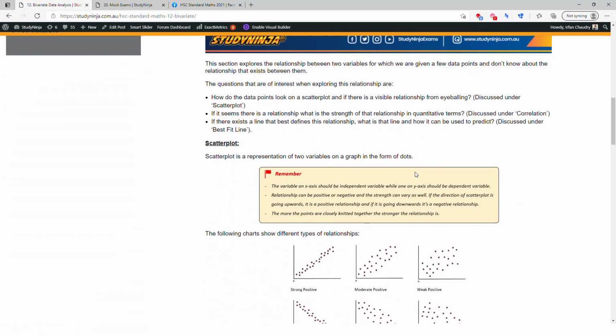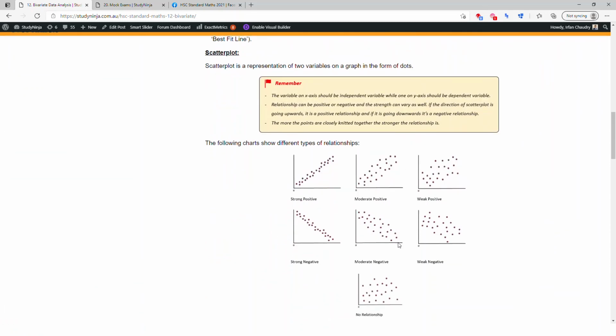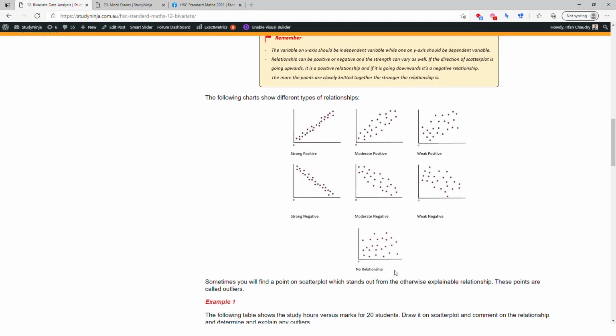But most importantly, the property that you need to know are here. If you are given a correlation type of question, and the question that I'm specifically talking about that appeared in the exam, it basically talks about the scatter plot. And there are a few things you need to know.